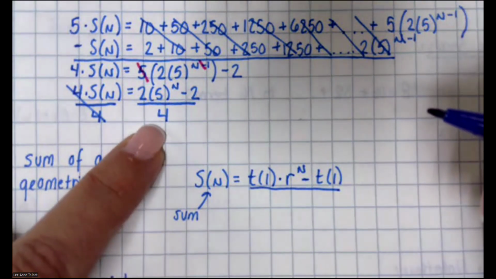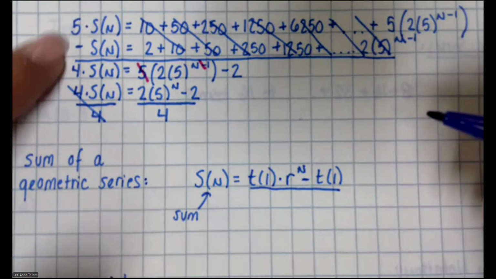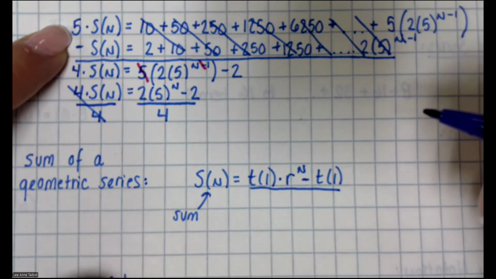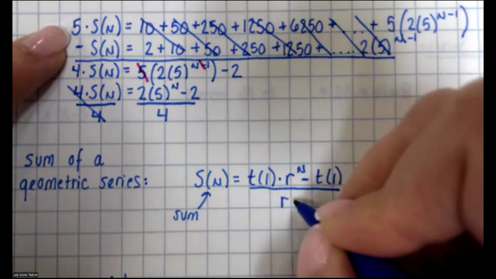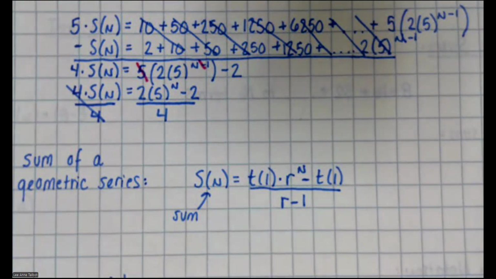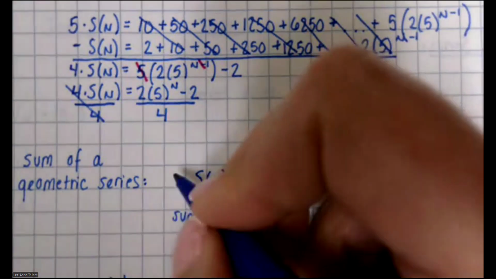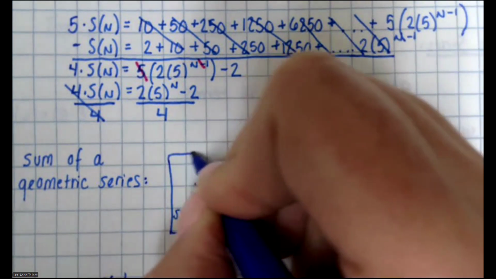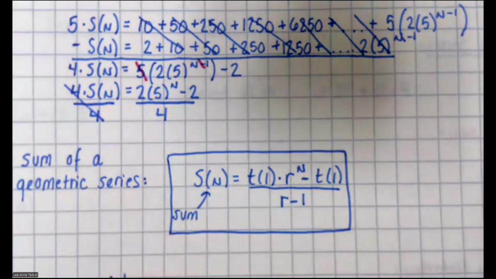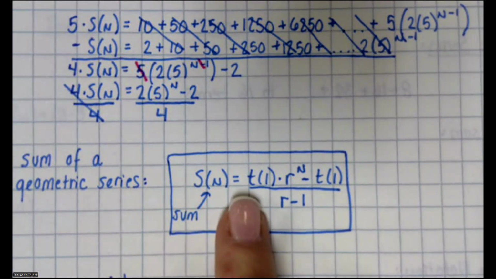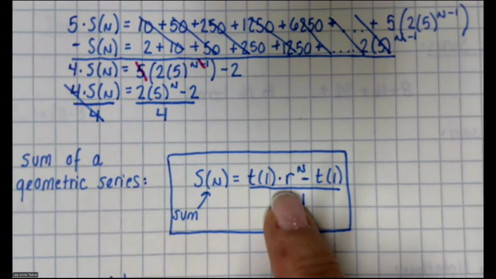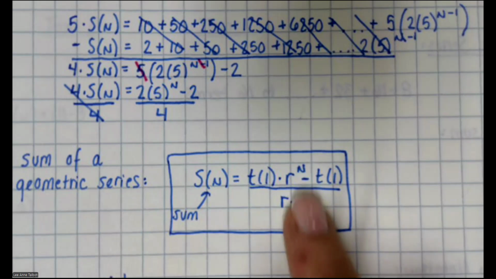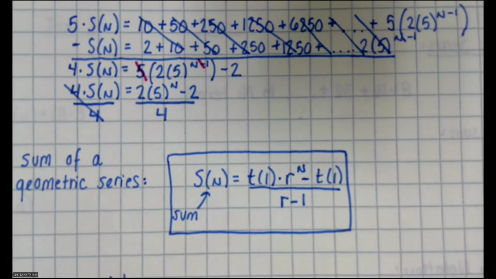Okay, and then how did I get the 4 from this? Yep, r minus 1. Okay, first term times the multiplier to the number of numbers minus first term, over multiplier minus 1.